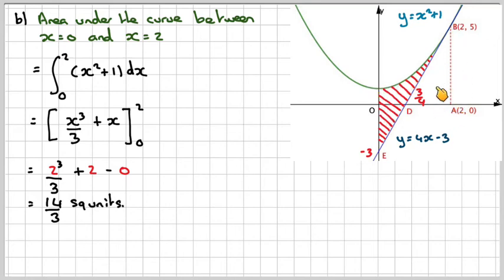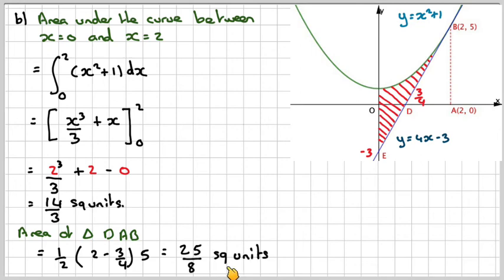Now we need to find this area here, which is a triangle, so the base will be 2 minus 3/4, and the height of the triangle will be the y-coordinate, which is 5. So the area of triangle DAB will be 1/2 times (2 minus 3/4) times 5, which gives 25/8 square units.